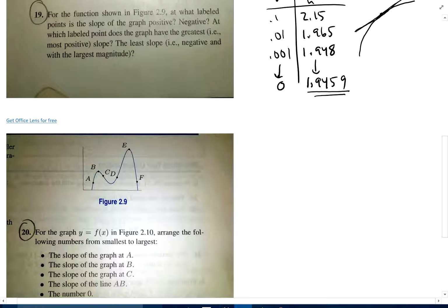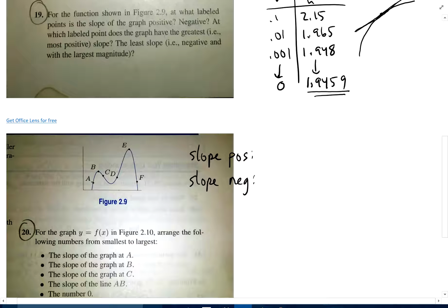All right. And then lastly, number 19 on this one. For the function shown in 2.9 down here, at what points is the slope positive, the slope negative? And then it says, at which labeled point does the graph have the greatest slope and the least slope?